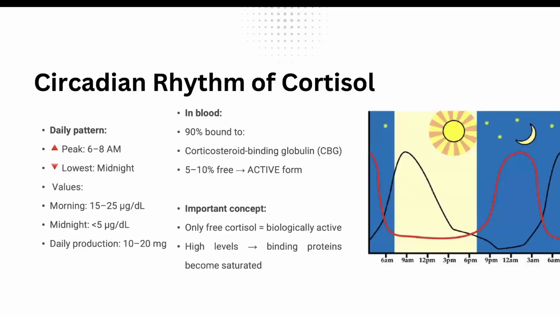What is the importance of this information, or when can we exploit this information clinically? There are diseases like, for example, Addison disease, which is an example of adrenal insufficiency. This means there is a low level or maybe no cortisol hormone released into the blood.